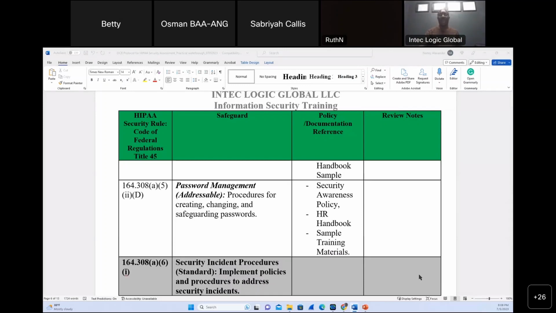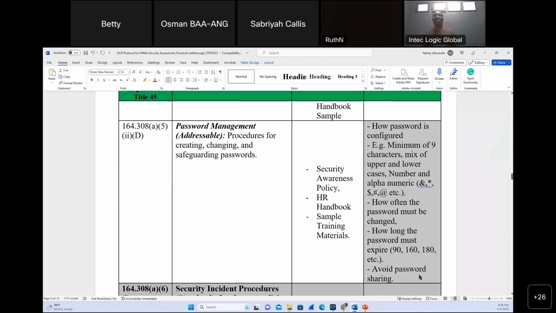You need to train them how to configure passwords, right? You need to let people know the type of passwords that are acceptable within the organization. It should be a mix of upper and lower cases, numbers, special characters, right? How often the password must be changed, when the password must expire.